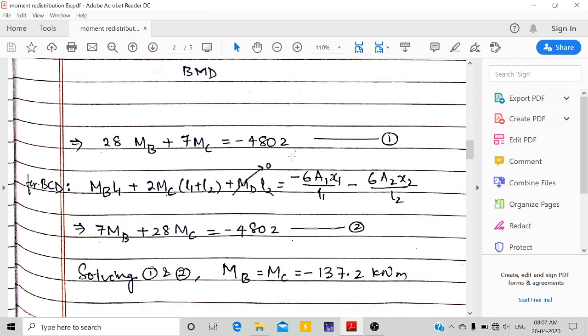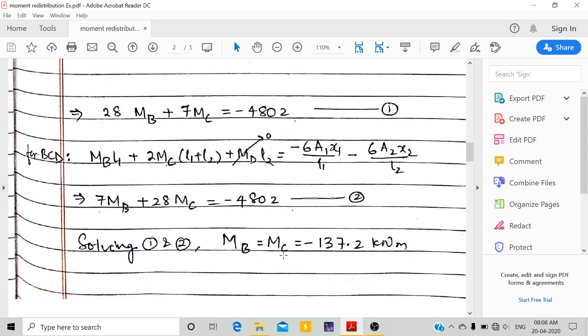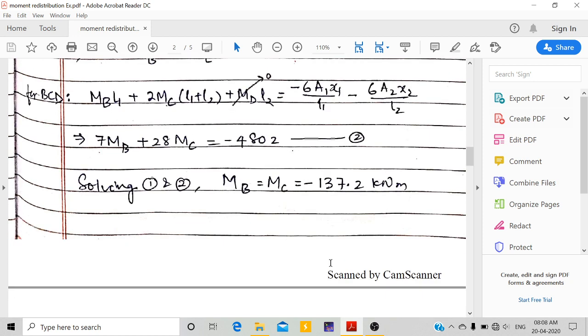We'll get the same as above because the parabola has the same dimensions. So we got here 28 MB plus 7 MC is equal to minus 4802. Here, 7 MB plus 28 MC is equal to minus 4802. So solving 1 and 2, because there are two equations and two unknowns, we can get MB and MC. We have got minus 137.2 kilonewton meter.